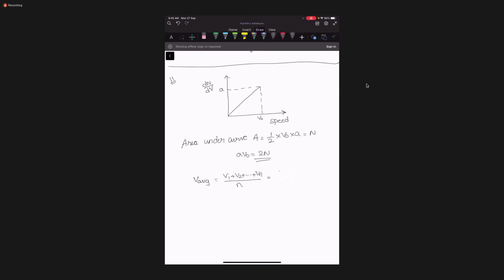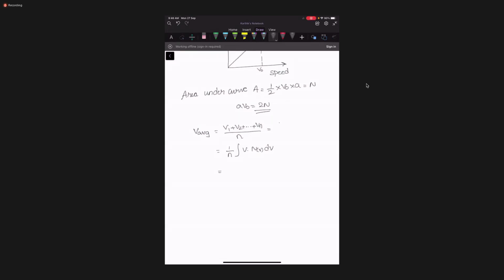See, this can also be written as 1 by N integral of V into N, the function of V, into dV. Clear? V average. The formula which I didn't teach you because you don't require this formula.